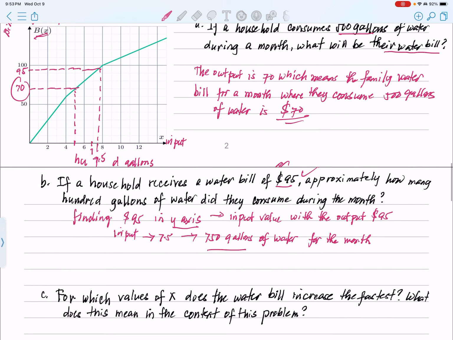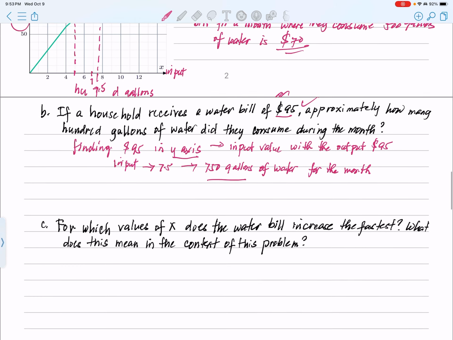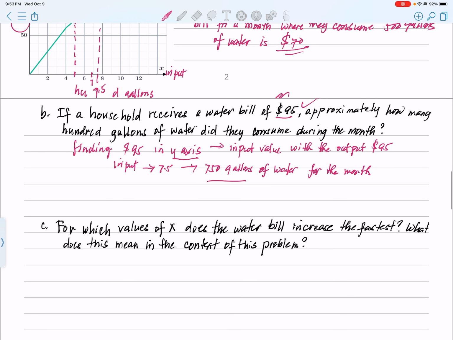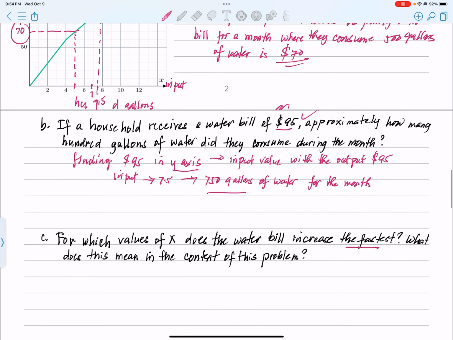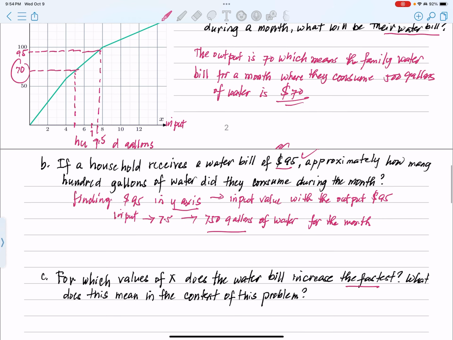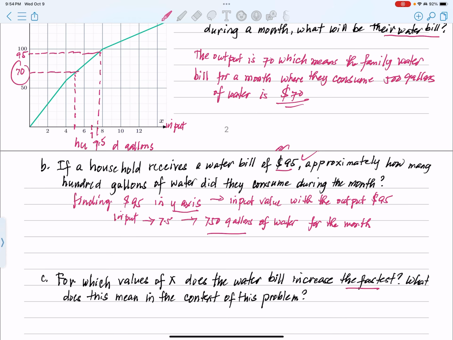For which values of x does the water bill increase the fastest? And what does this mean in the context of the problem? All right. When we look at the graph, when we look at the rate of change or slope in each segment of the function, determine which of the segments is increasing the fastest.